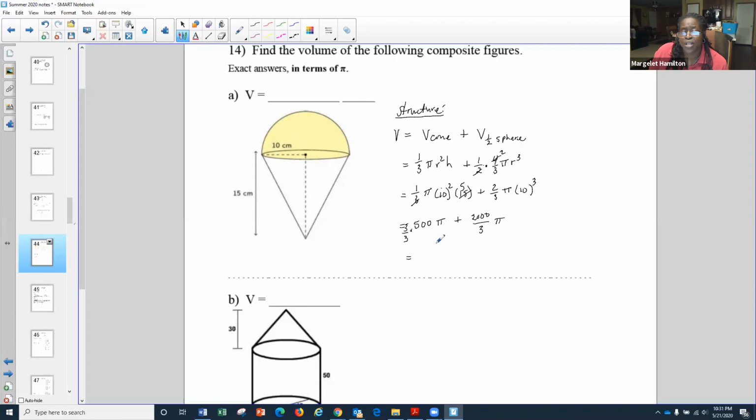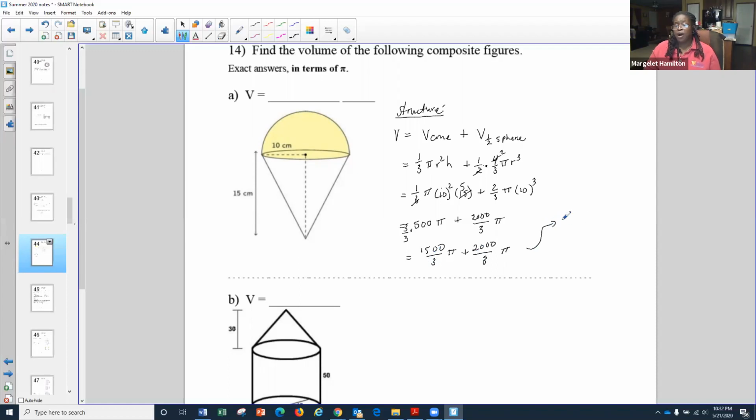So we're going to get 3 times 500, 1500 over 3 pi, plus, bring this down, 2000 over 3 pi. Right? We're still good? Now you see that we can combine these terms. Now they have the common denominator, and we can go ahead and take it on home.